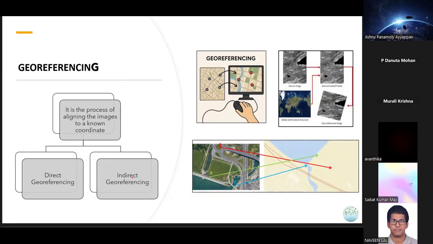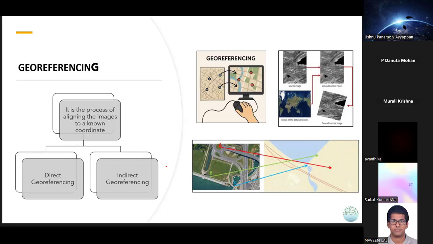In direct georeferencing, the location information is stored within the image file metadata. But in indirect georeferencing, reference data is also collected when the survey is happening. When the drone survey is happening, we collect GCP points, that is ground control points, to georeference the images.